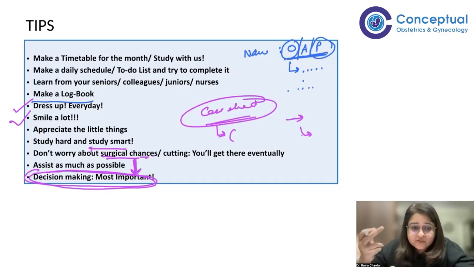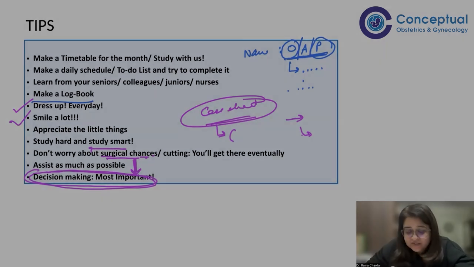So decision making, knowing what to do for the patient, is very important. That is something you need to learn, because knowing what to do is more important than knowing how to do it. Knowing how to do it, you will learn eventually, but knowing what to do, nobody will teach you. This is something you have to understand and learn yourself.